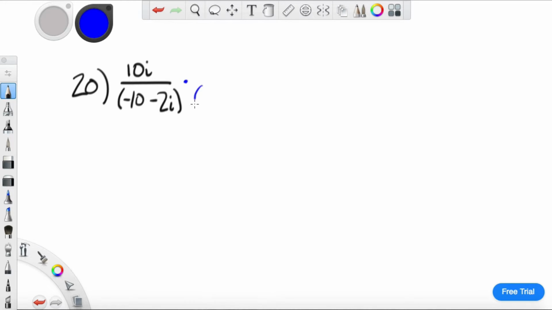So I'm going to multiply the top and the bottom by -10 plus 2i, right? Same exact thing. This becomes a plus. -10 plus 2i. You know, I feel like I keep doing things where we start with the negative. If this had started with a positive, this would be a negative. Okay, so it's not always positive over here. If this were positive, this one would be a negative.